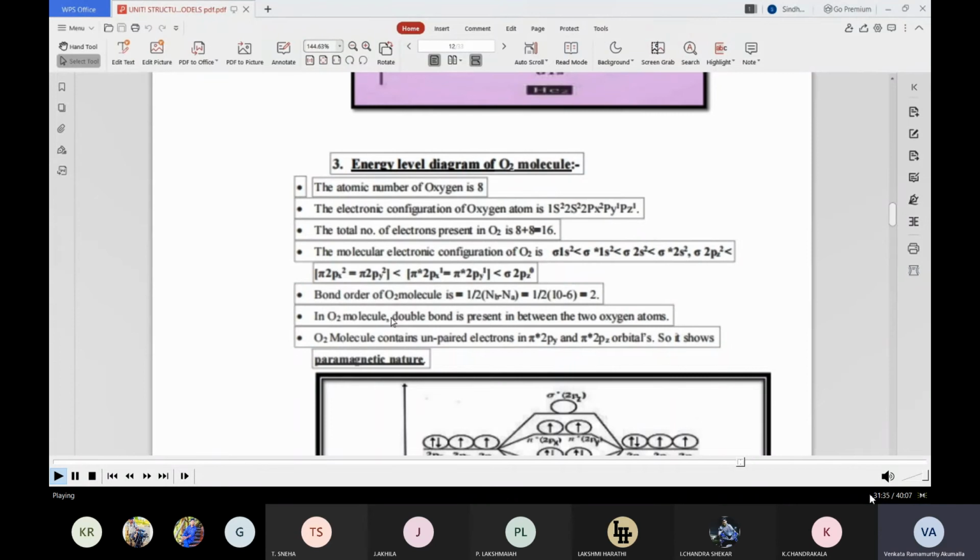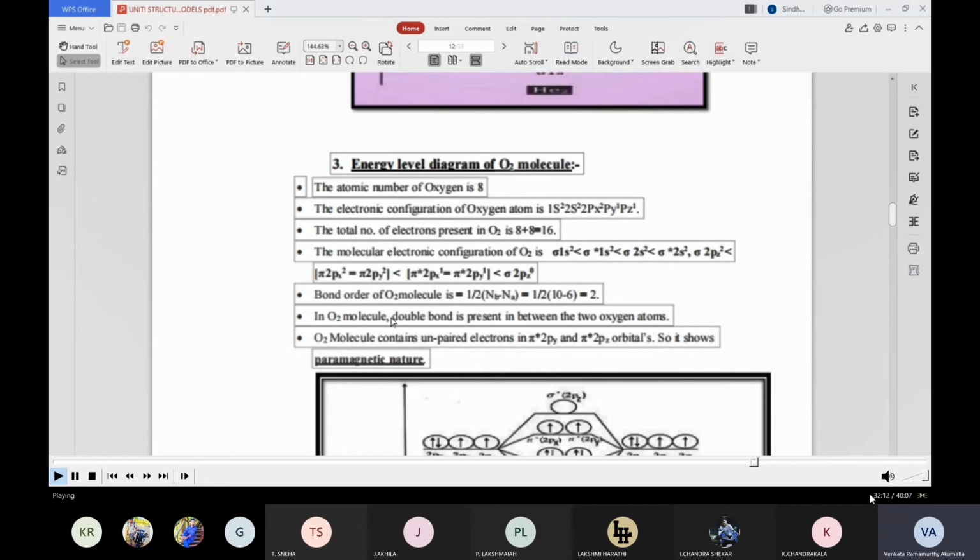So the bond order of the oxygen molecule is 1 by 2 times the number of bonding electrons minus the number of anti-bonding electrons, which is 1 by 2 times (10 bonding electrons minus 6 anti-bonding electrons), equal to 2. The oxygen molecule contains a double bond between the two oxygen atoms.